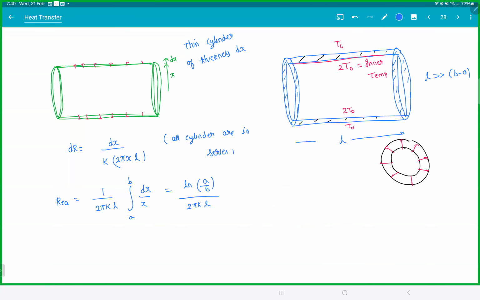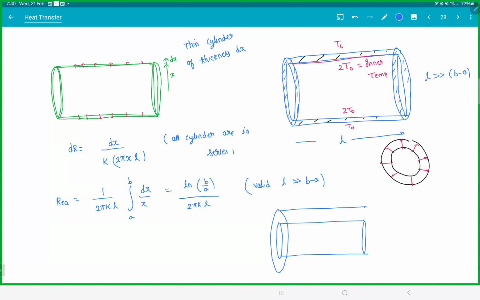Easy. Again, why should L be greater than... It would be B by A or A by B. Yeah, B by A. L must be much greater than B minus A. Why? The problem here is something more.